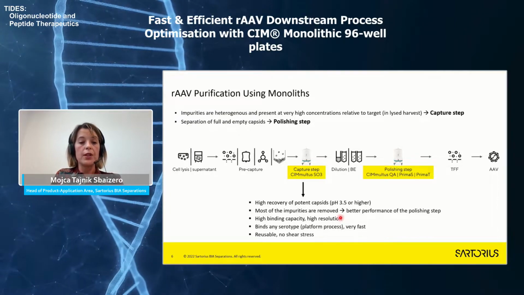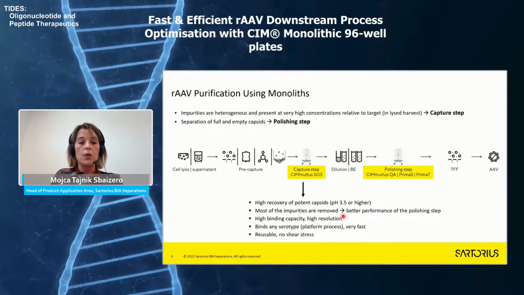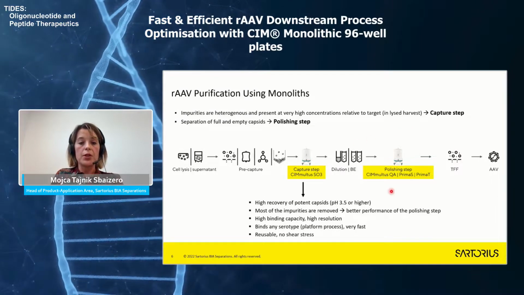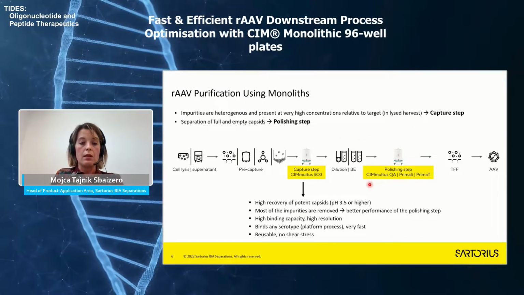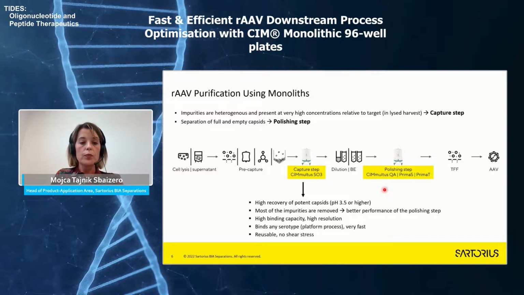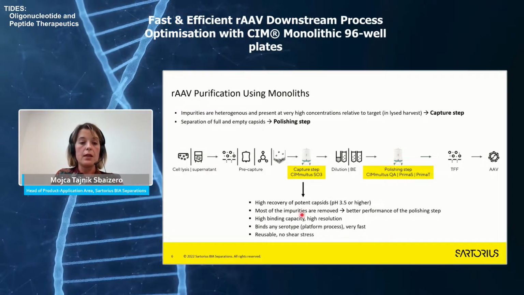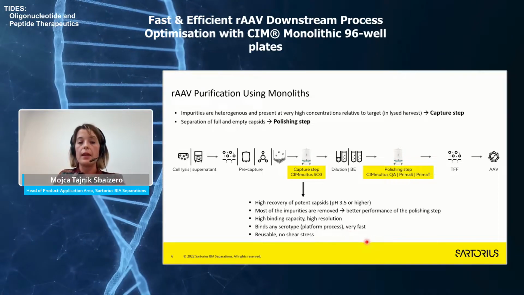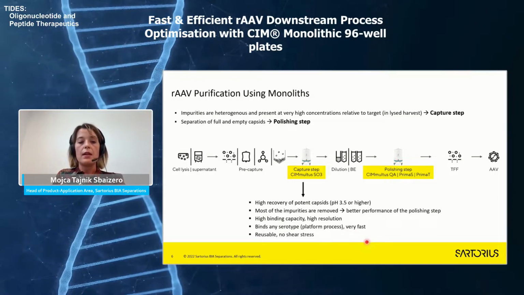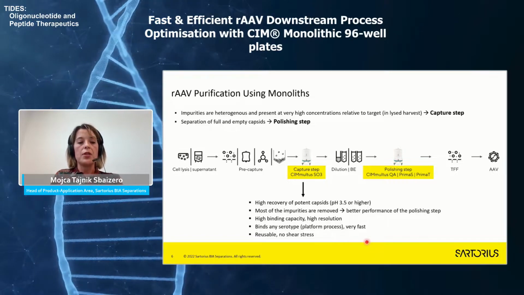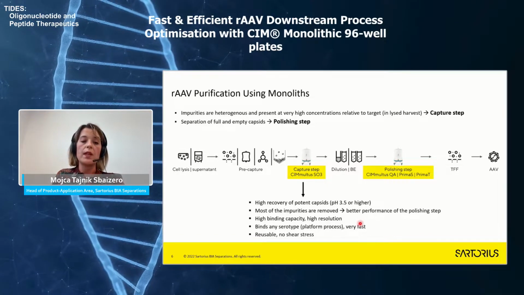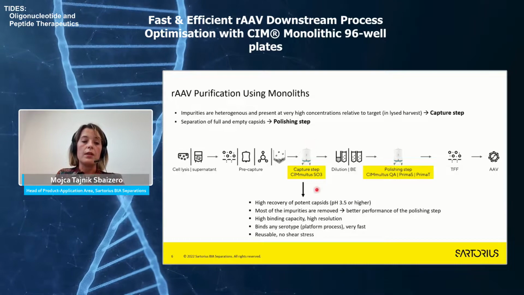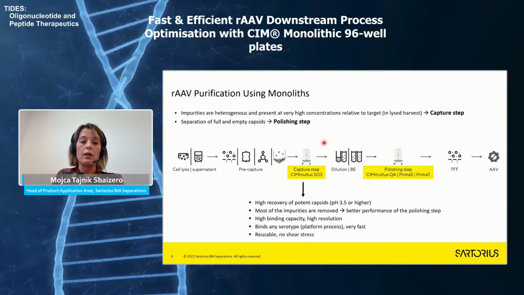First, to enrich our product, and also to achieve a better polishing step that follows the capture. We have very high capacity. As I said, this is a platform process, so it binds any serotype. But still, there are small differences between the serotypes, so we need to fine-tune the capture step with the buffers.